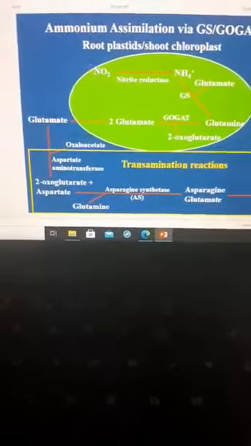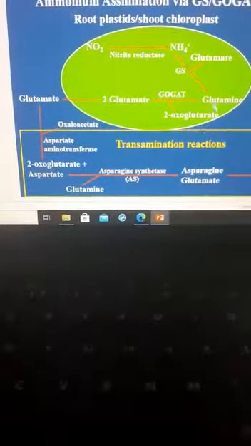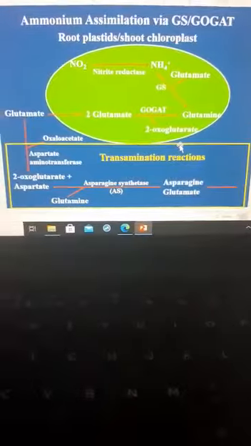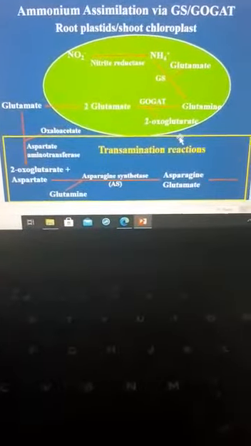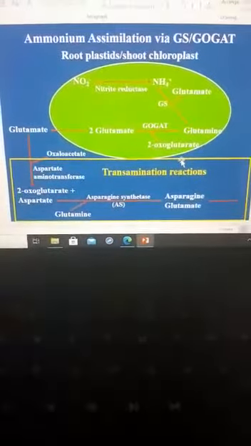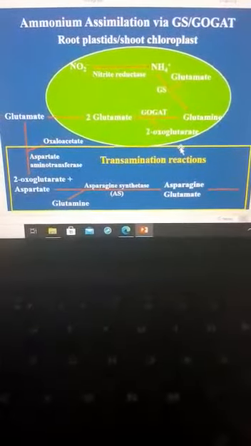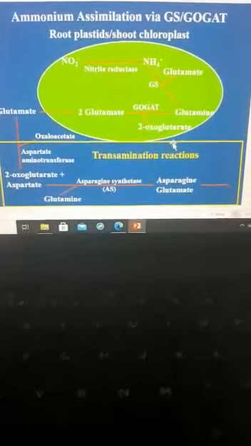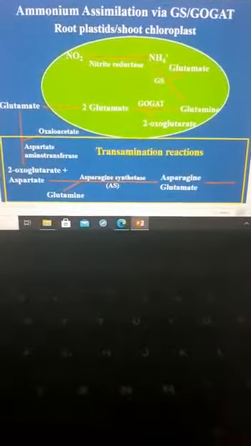That ammonium is assimilated through the same pathway, the same way. I hope this is crystal clear.